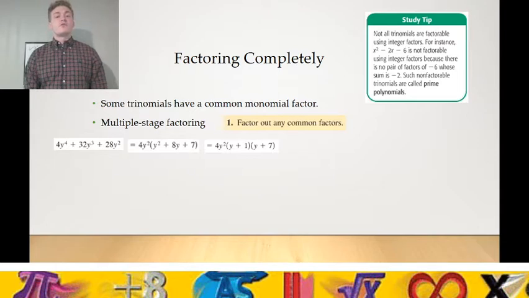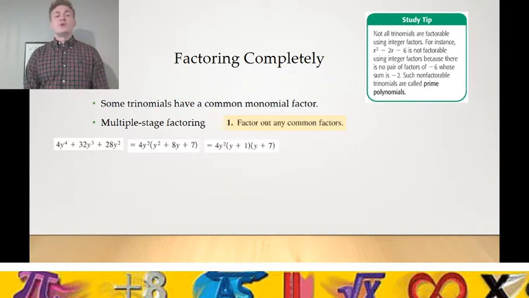The values for y, 0, negative 1, and negative 7, if you plug each of those numbers individually into the original trinomial expression, then it will end up working out to equal 0. For example, negative 1 plugged into y to the 4th, negative 1 to the 4th is 1, times 4 is 4.